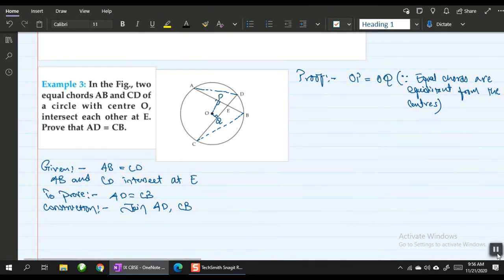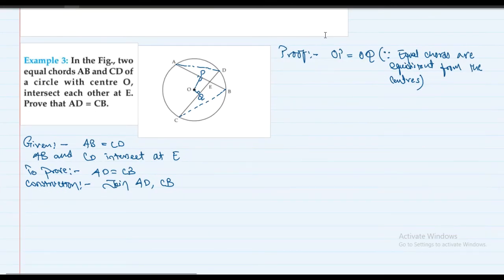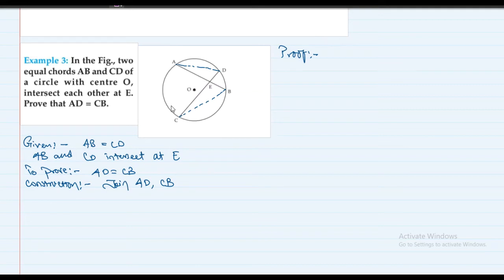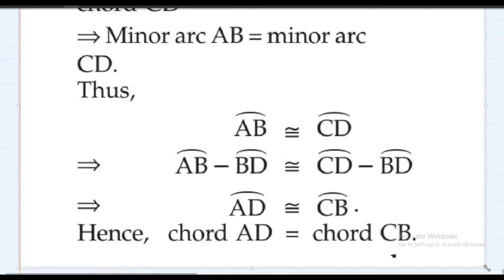Let's see. Okay, so in this question, we don't have to draw this perpendicular. Without drawing the perpendiculars from the center of the circle to the chords, we can prove it. Okay, so let's see how they have done.